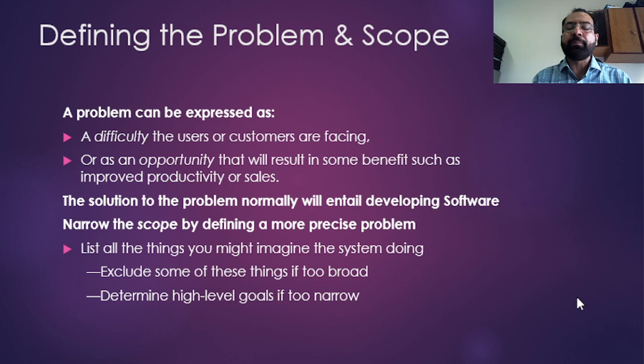So determining a scope is not a decision which lies on the developing side, but it is very important to engage those users who are actually bringing out that problem, and for whom we are developing that application or software, to find out their actual requirements and which requirements need to be covered in our solution. So that is again a tedious process, and that is also called abstraction.